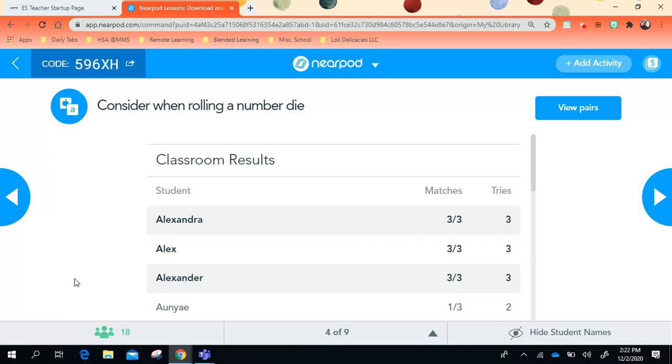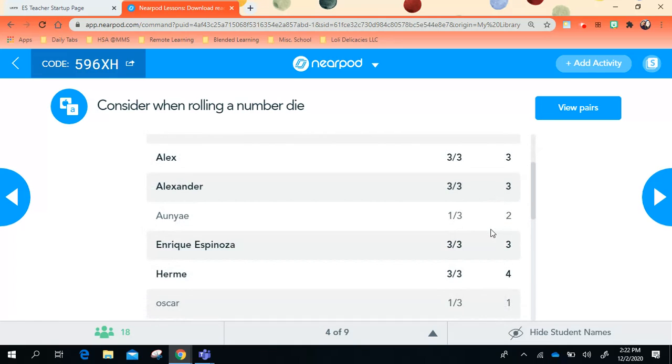Remember, if you need to write down all the numbers on a number cube, you can.